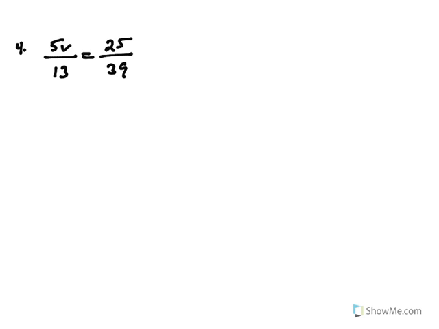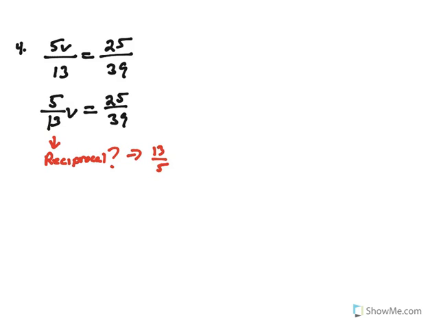If it helps, you could also write it like this, 5 over 13 v equals 25 over 39. Now, take the reciprocal of this term. So what is the reciprocal? Well, that's going to give me 13 over 5.